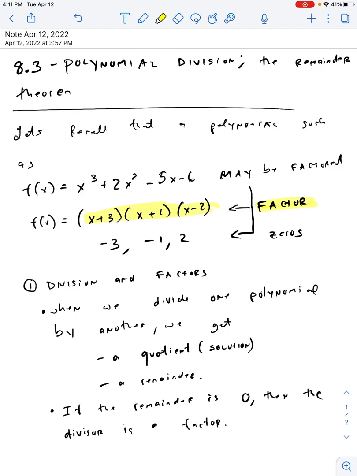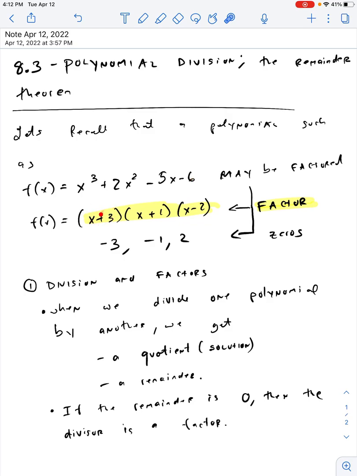All right, so what we're going to do is divide here. We're going to look at this specific problem that we're working with. Maybe we have this polynomial, x to the third plus 2x squared minus 5x minus 6.